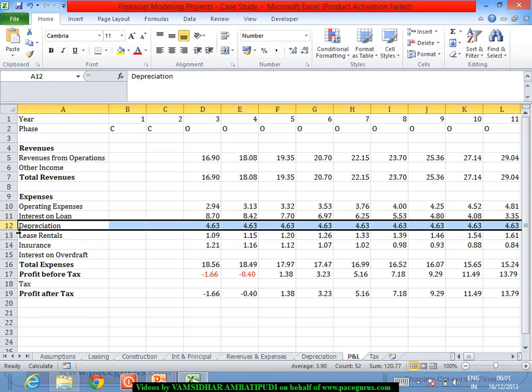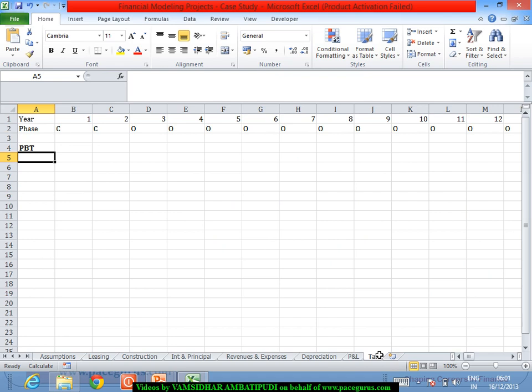So from that standpoint, when it comes to the tax, I will simply say to the PBT add the straight line depreciation and subtract written down value method depreciation, and that is what I typically call my taxable income.